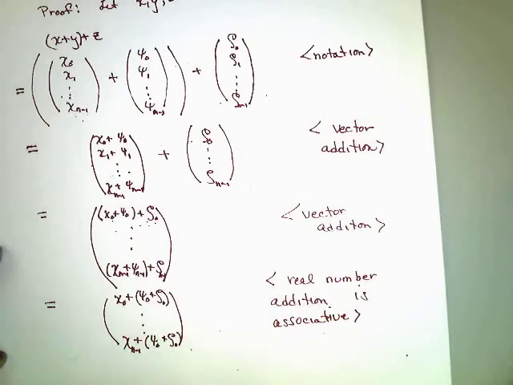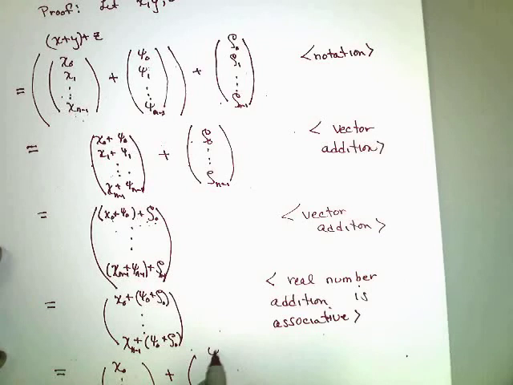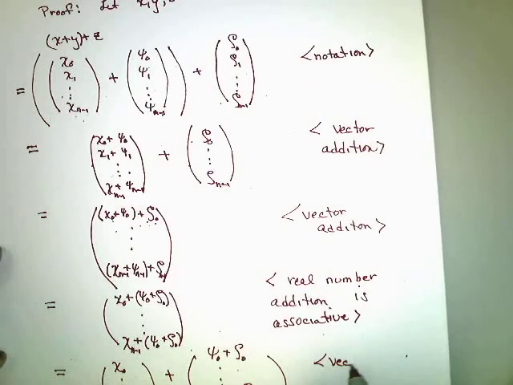Now I think we have it made. All I need to do is back my way out and say, well, what is this? It really looks like it's the sum of two vectors. One of the vectors is our x vector made of the components chi 0 and so forth out to chi n minus 1. And the other vector is made up of the components psi 0 plus zeta 0 and so forth out to psi n minus 1 plus zeta n minus 1. This is just vector addition.